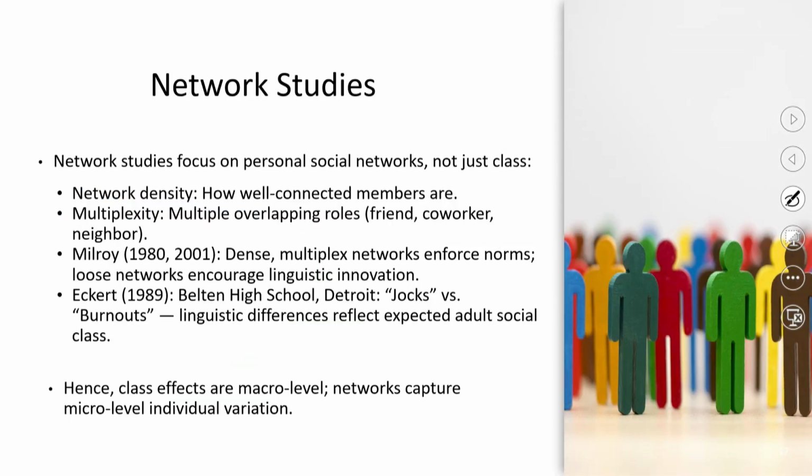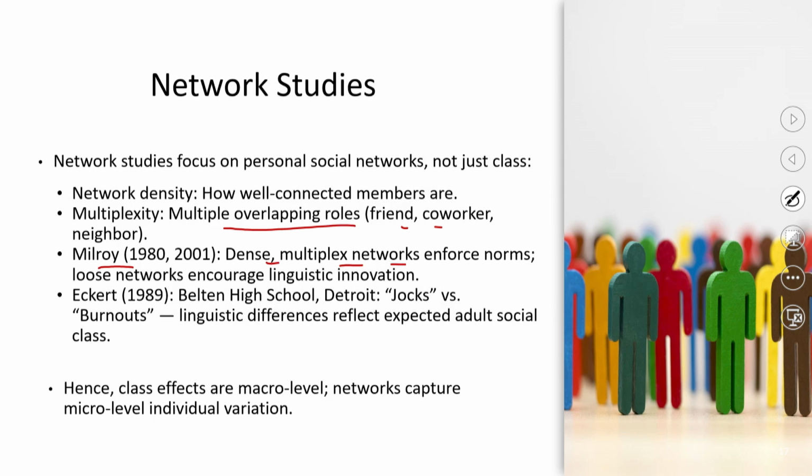Network studies also look at network density, how well connected the network is, and multiplexity, that is multiple overlapping roles: friend, co-worker, neighbor and so on. Milroy's work is very important in this regard. Dense multiplex networks enforce norms, while loose networks encourage linguistic innovation.